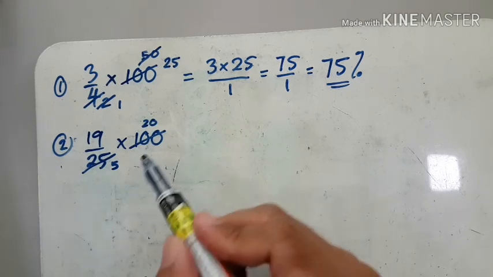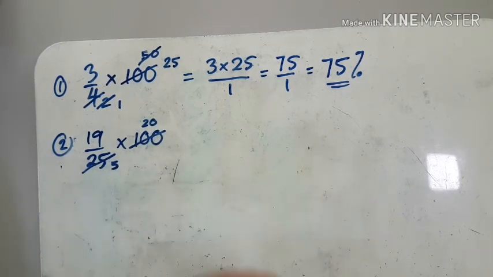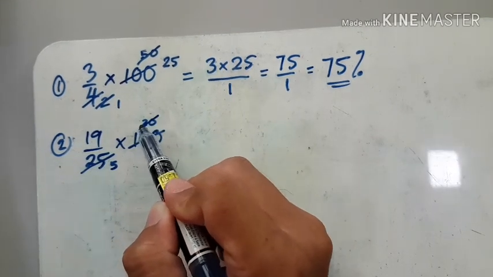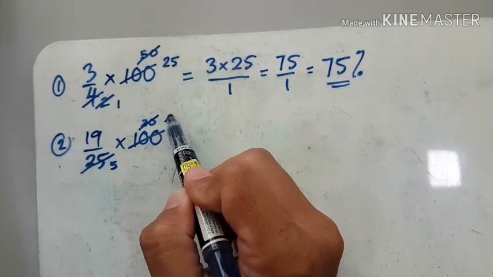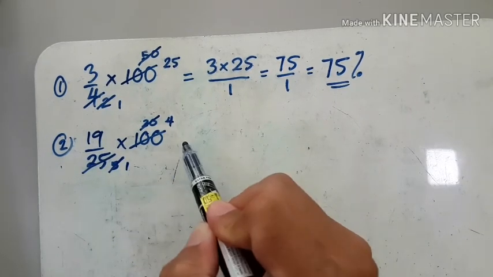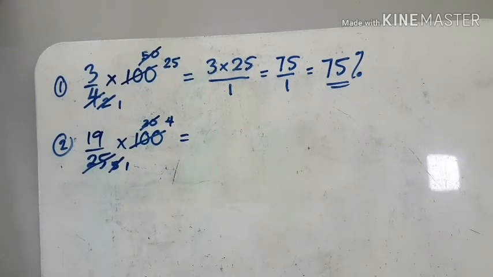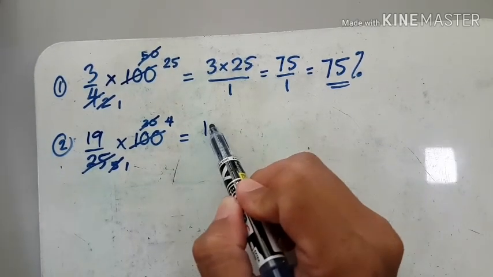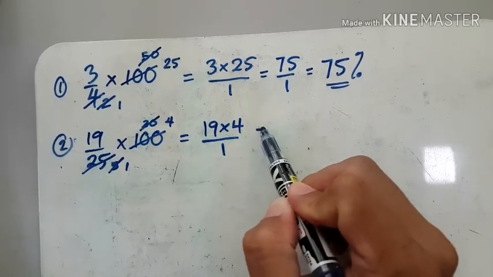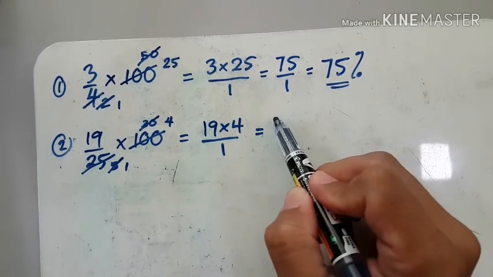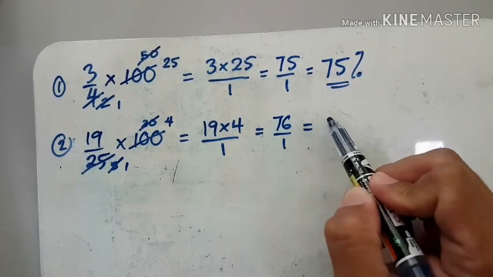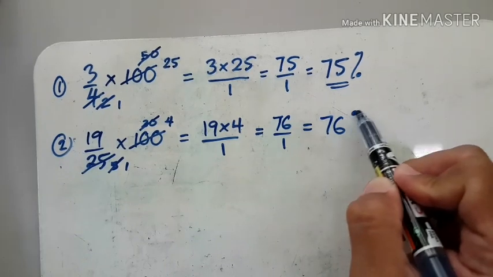Now as you can see here again, 20 and 5 you can simplify further. 20 we divide by 5 to get 4. 5 we divide by 5, of course it's 1. Now we have 19 multiplied by 4 over 1, and that gives you 76 on 1. For our final answer, 76%.